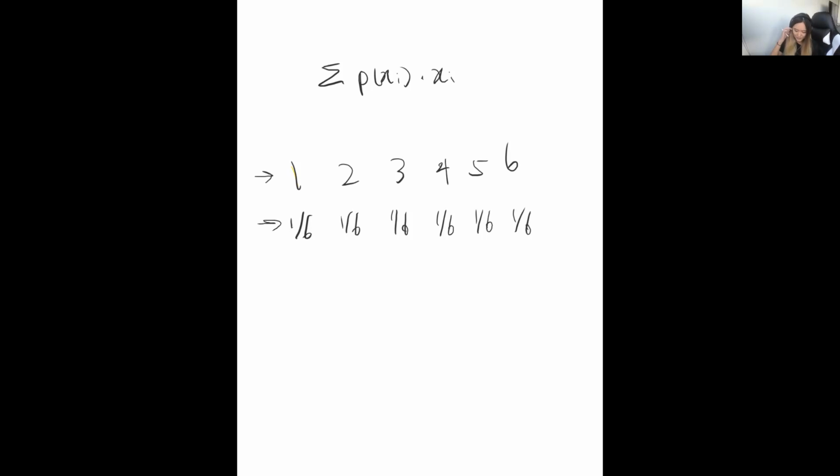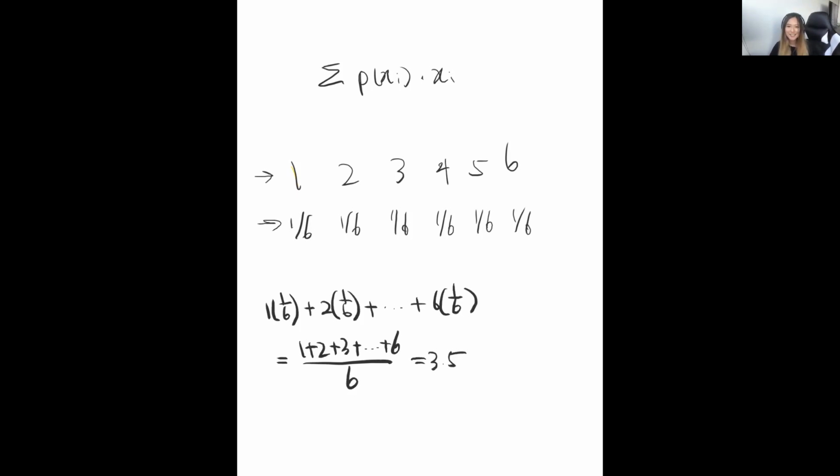So putting it together, it would be 1 times 1 out of 6 plus 2 times 1 out of 6 plus, and so on, all the way to 6 times 1 out of 6. When you add it up, it simplifies to 1 plus 2 plus 3 plus all the way to 6, divided by 6. And that gives you 3.5.